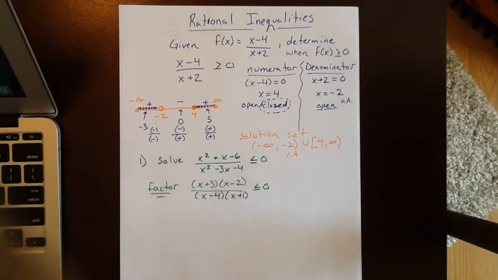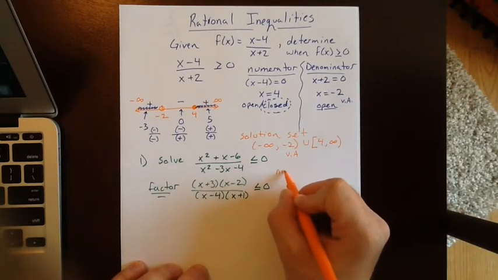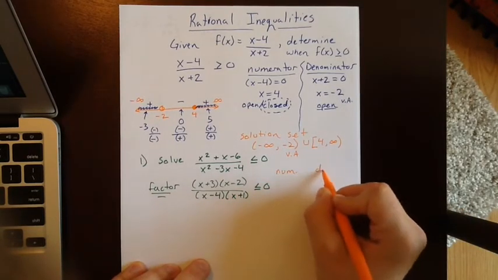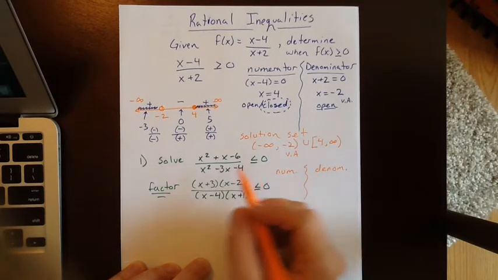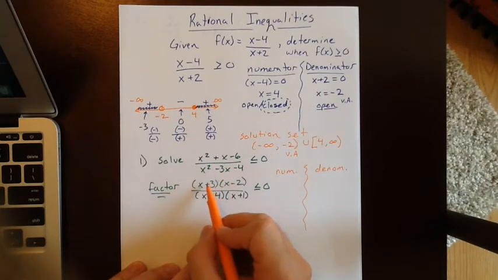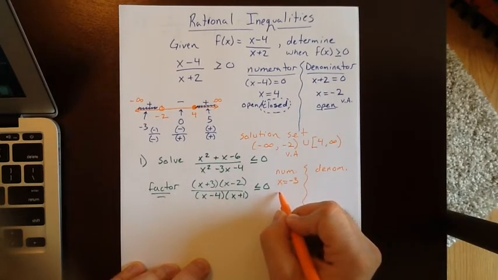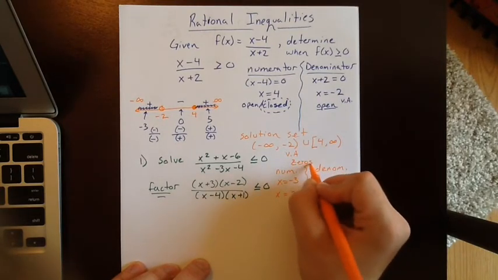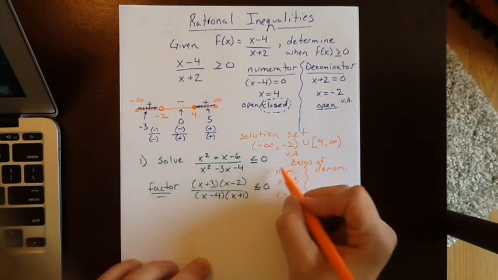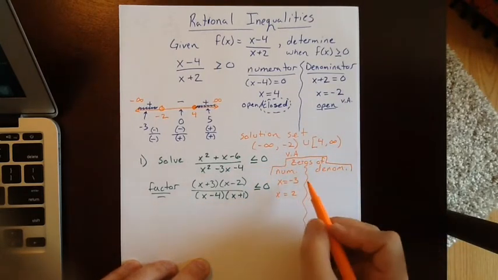Okay. So we have our function factored. We now want to look at the numerator and the denominator, and the zeros in each. The zeros of our numerator are going to be negative 3 and positive 2.